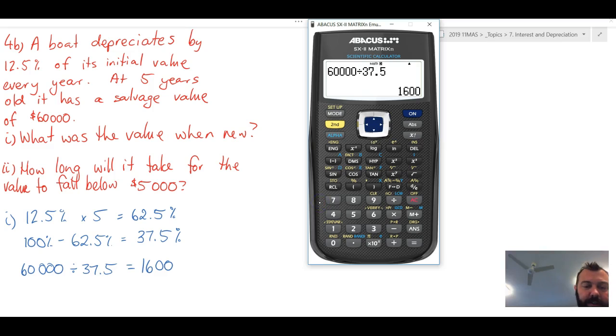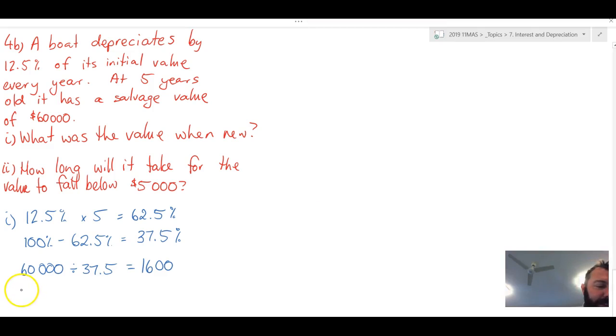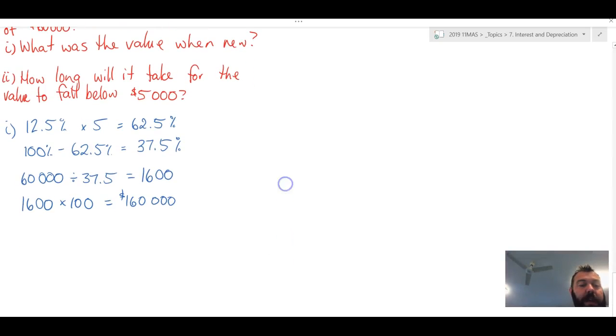Yeah, 1,600. That means that 100%, my initial value, I've got to multiply that by 100, and I get $160,000. There we go. That's my initial value, is 160,000. Right, well there you go. $160,000. That means it's going down by, we can see fairly quickly, it's dropping by 20%, $20,000 per year.